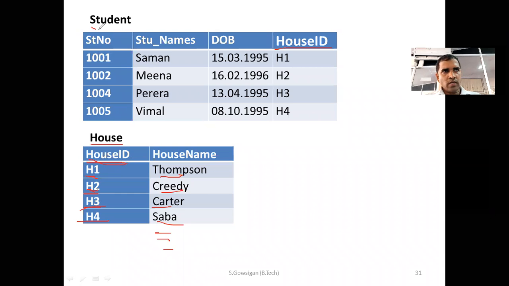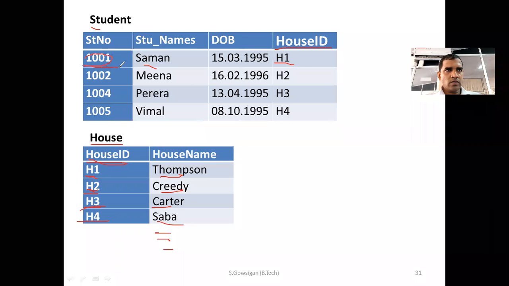Go back and take the student table. In STNO, this 1001 is never repeated, because this Summon definitely belongs to one house only, H1, the house Thompson. In school, a student never belongs to more than one house. That is not practical. A student belongs to one house.